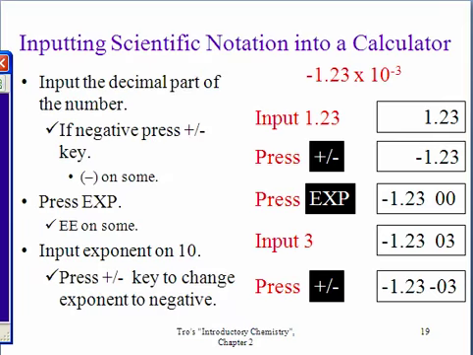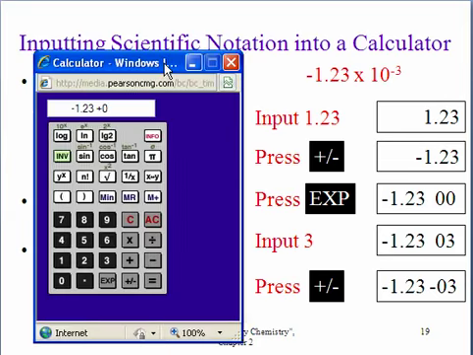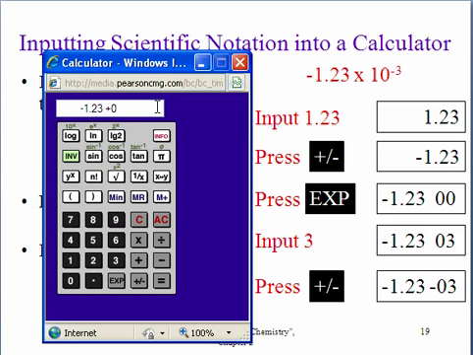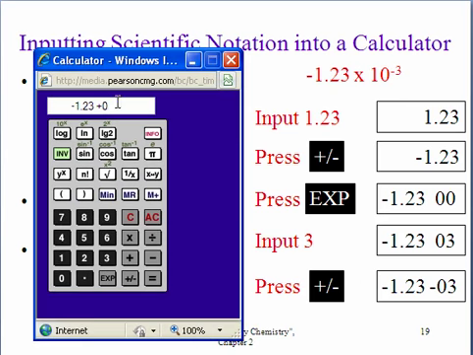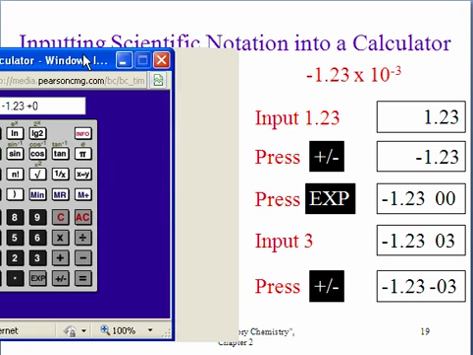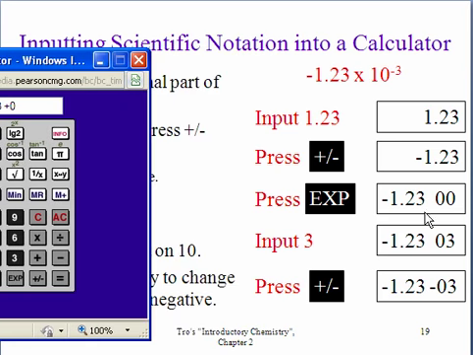Now when you hit the exponent or the EE key on yours, chances are there'll be two zeros that pop up either right next to this or as superscripts. And what this means is times 10. Now this is a kind of a funky calculator, so this positive just means I'm not sure what yet. Okay, then we want to input the exponent.